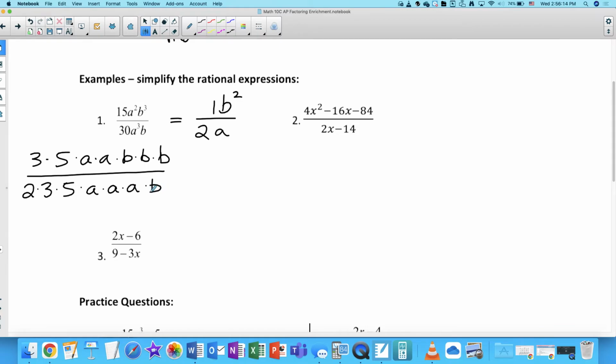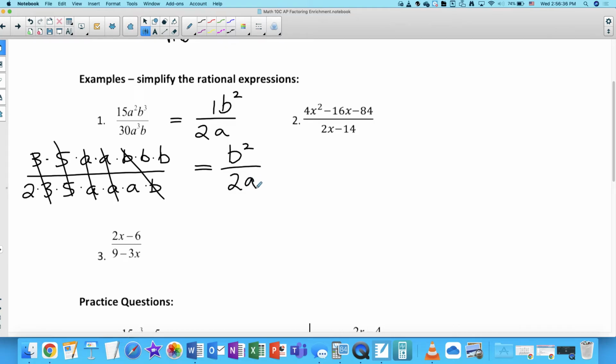And then we just cancel all of the common factors, right? So a pair of 3's cancel, a pair of 5's cancel, 2 pairs of a's, and 1 b. And then if you look at what's left in the numerator, everything has canceled except for b times b, which is b squared. And in the denominator, I have a 2 and an a.